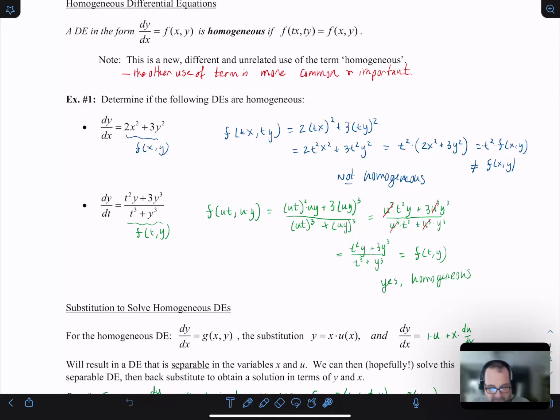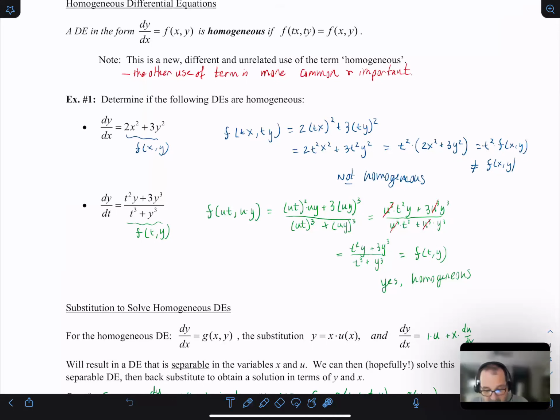If we simplify, we can write (tx) all squared as t squared x squared. Similarly, we get t squared y squared. There's a common t squared there, which can be factored out. But I end up here with an expression t squared times the original function f of x,y.